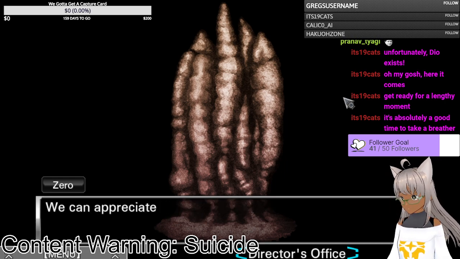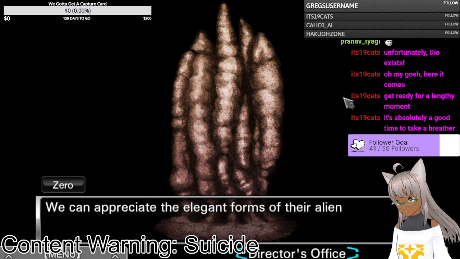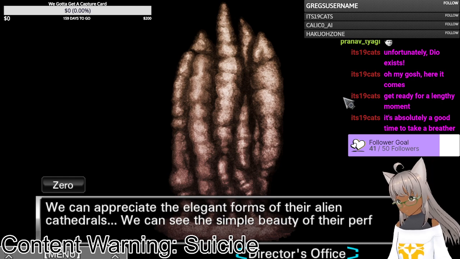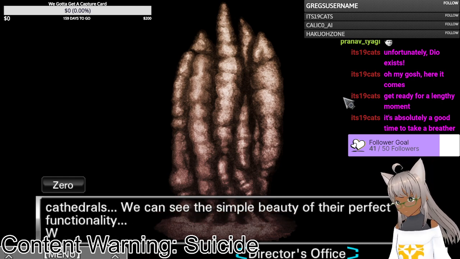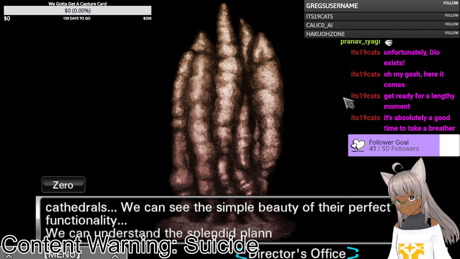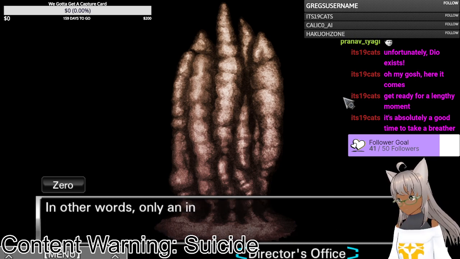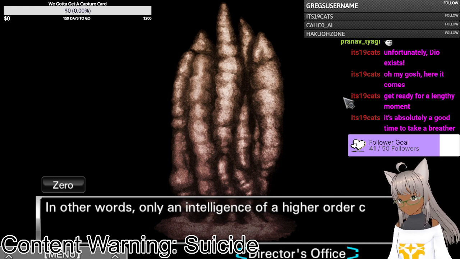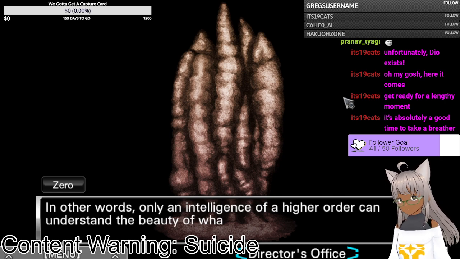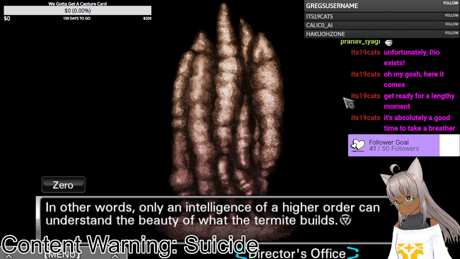We can appreciate the elegant forms of their alien cathedrals. We can see the simple beauty of their perfect functionality. We can understand the splendid planning of their structure. In other words, only an intelligence of a higher order can understand the beauty of what the termite builds.